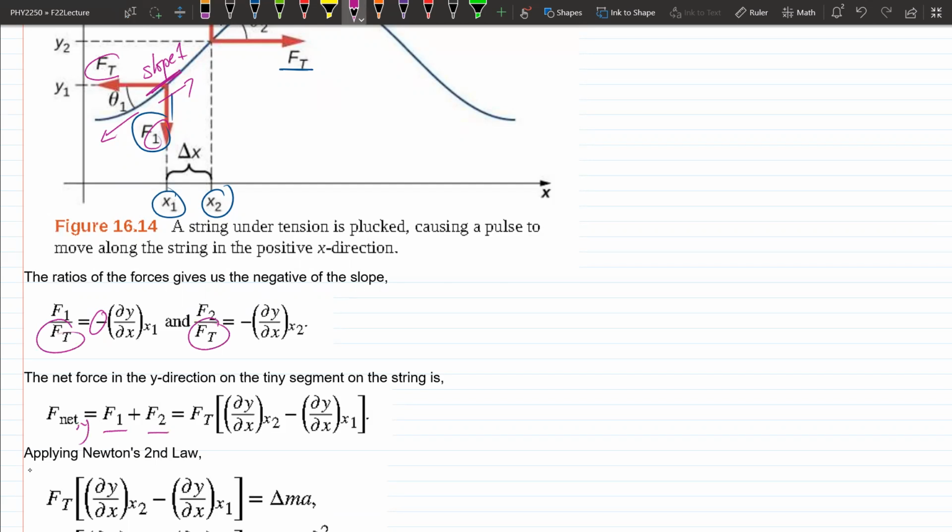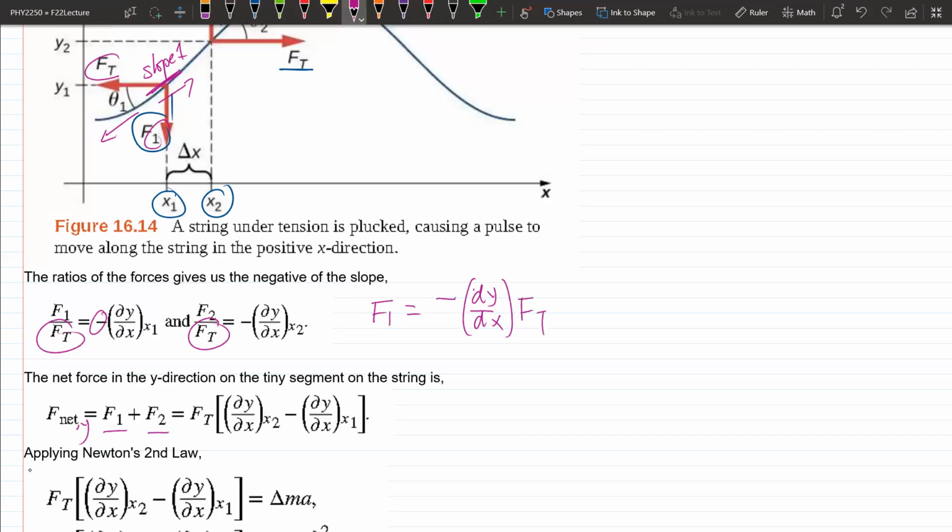So what we can do is solve for force 1 here, which is going to be equal to negative. These little squiggly signs, just think of them as derivatives. I'm even going to write them as total derivatives. If you don't know what the difference is, it's not that important.